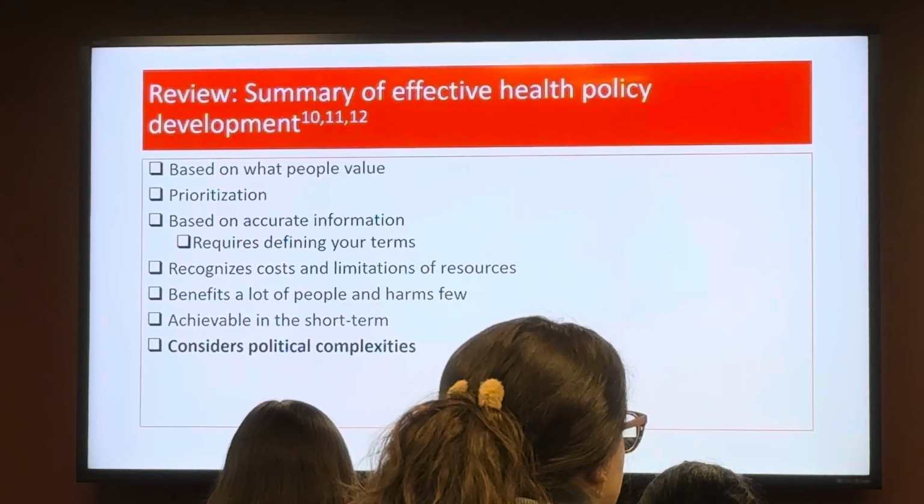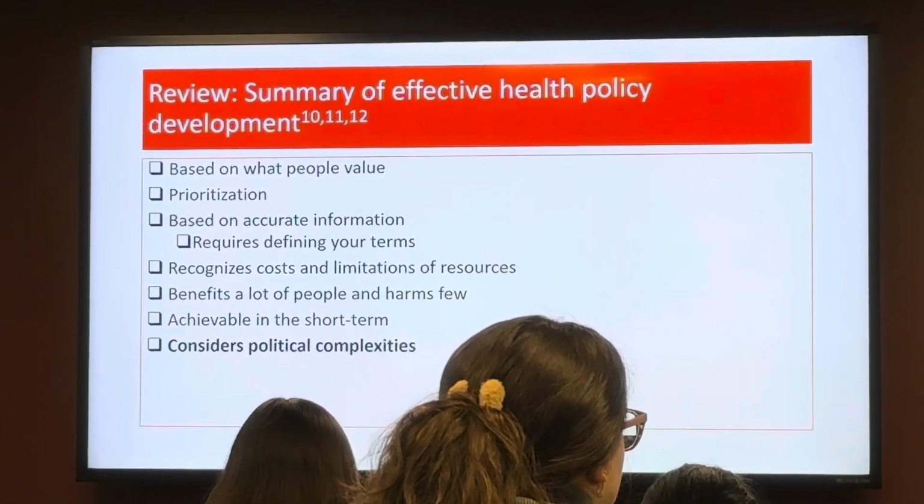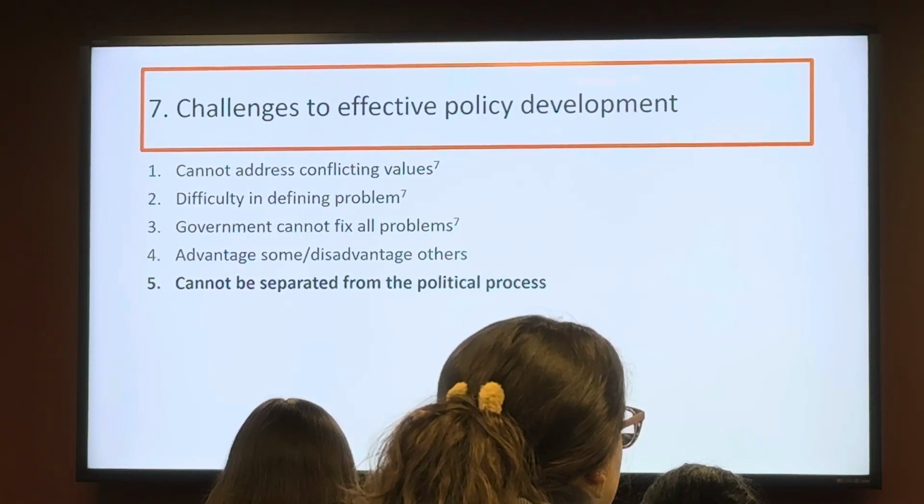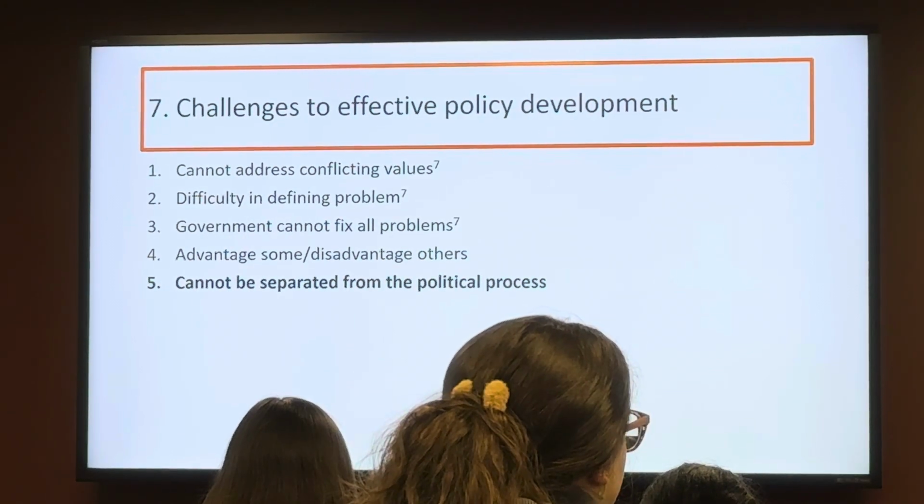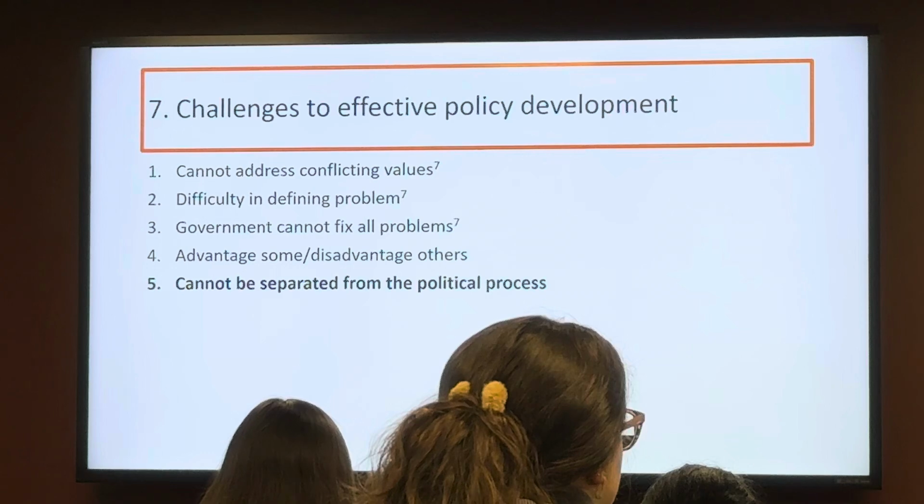So what we're going to get into is, what are the challenges of effective policy development? Because I think we all kind of know what the right thing is. So what are those challenges that we face? One is trying to address conflicting values.